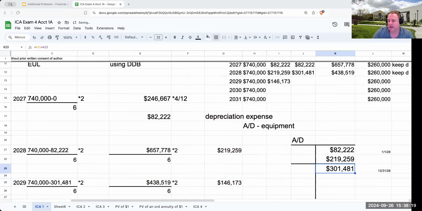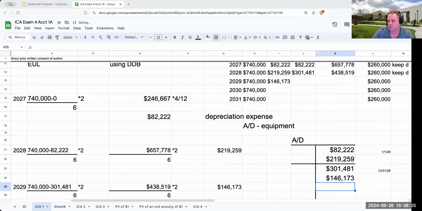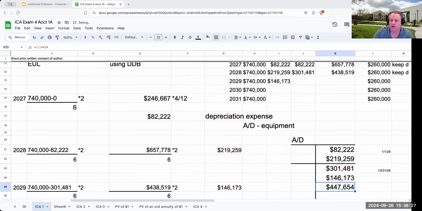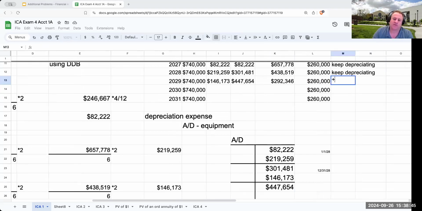So my ending balance as of 12/31/28 was 301,481. If I go through and take another 146,173, my new ending balance, or the total amount of depreciation I have taken to date, is going to be 437,654. So my net book value is now going to be 292,346.